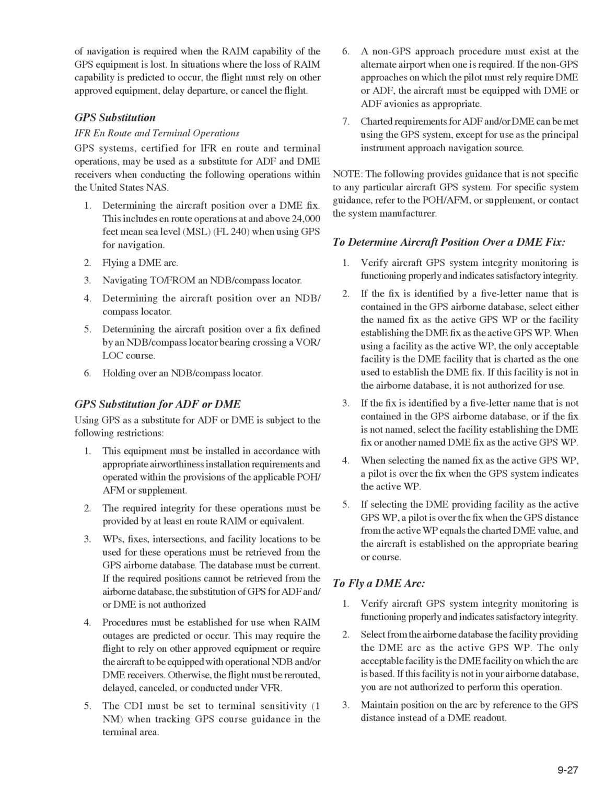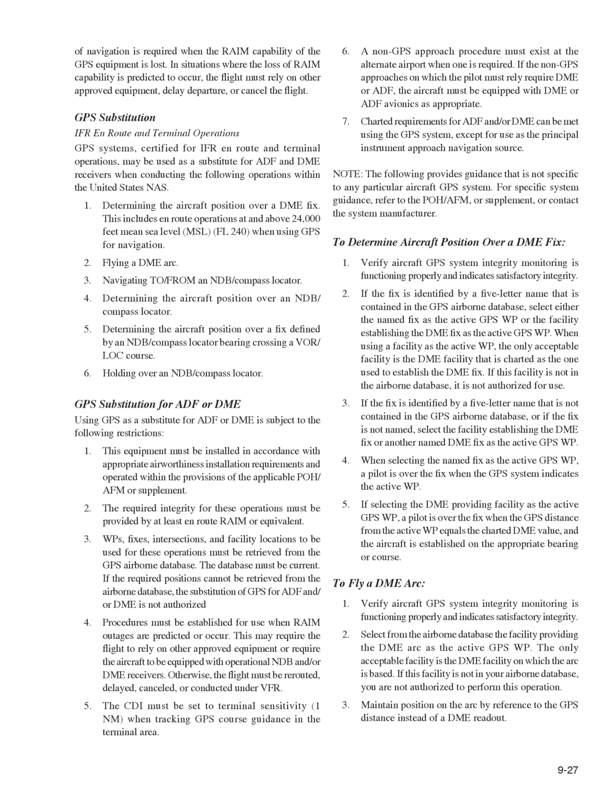5. The CDI must be set to terminal sensitivity, 1 nautical mile, when tracking GPS course guidance in the terminal area. 6. A non-GPS approach procedure must exist at the alternate airport when one is required. If the non-GPS approaches on which the pilot must rely require DME or ADF, the aircraft must be equipped with DME or ADF avionics as appropriate. 7.